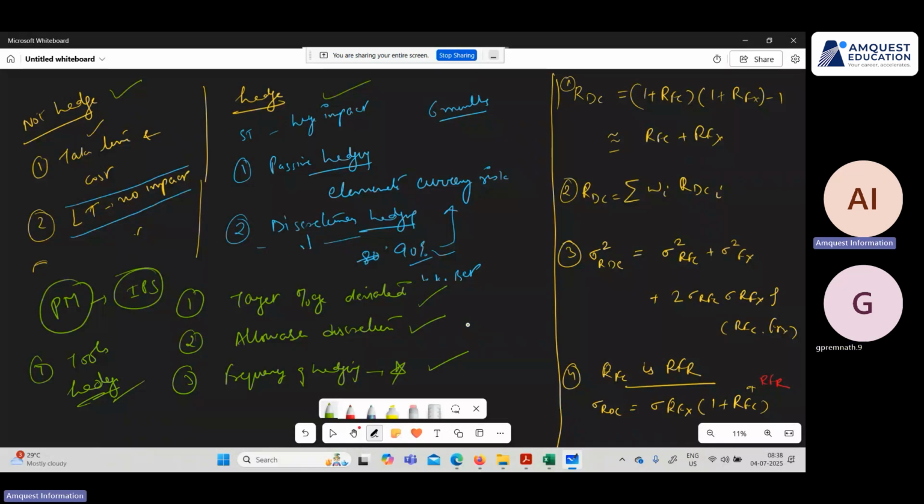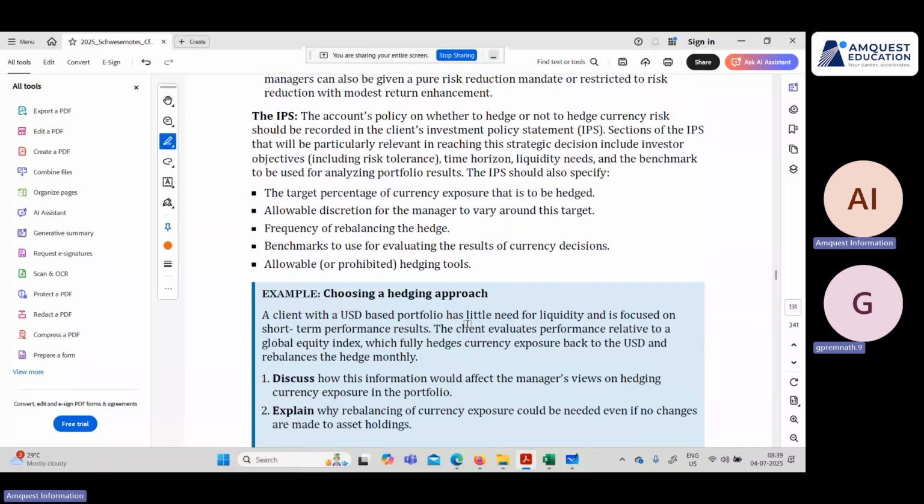Okay. So if he's focused on short-term results, he can choose to opt for a more active currency management, where he would want to possibly generate alpha. A client with a USD based portfolio has little need for liquidity.